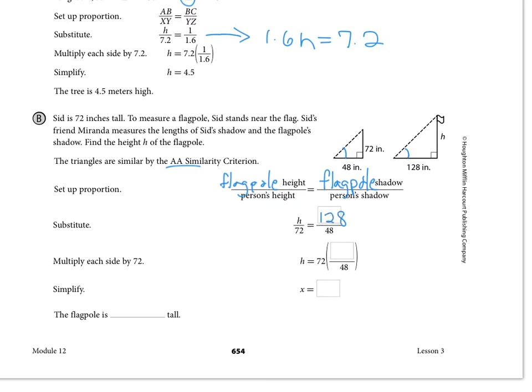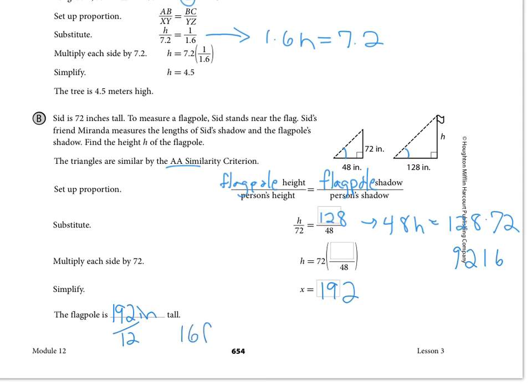So again, if we go ahead and cross multiply, we get 48h equals 128 times 72, and that is 9,216. Dividing by 48, we get 192. So the flagpole is 192 inches tall. If we wanted to convert that to feet, of course, we'd divide by 12, and we would get approximately 16 feet tall for that flagpole.